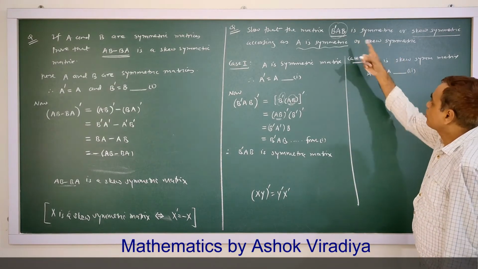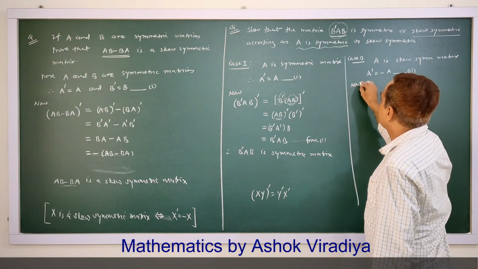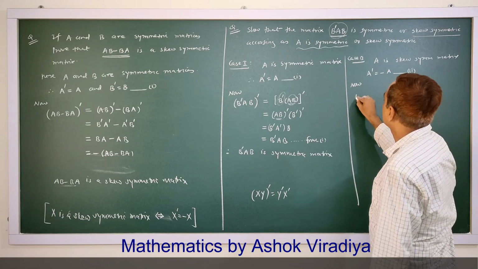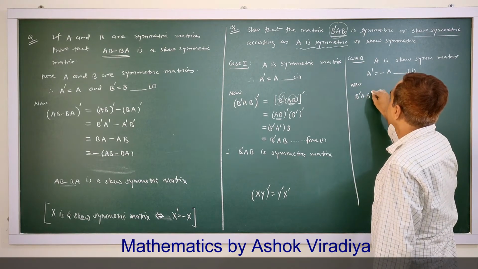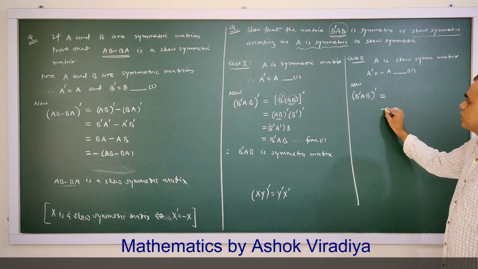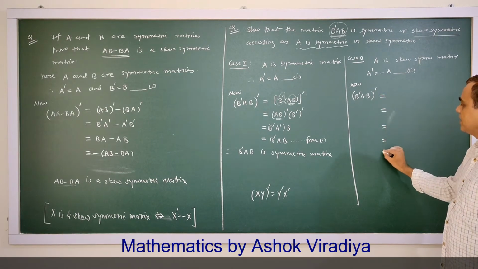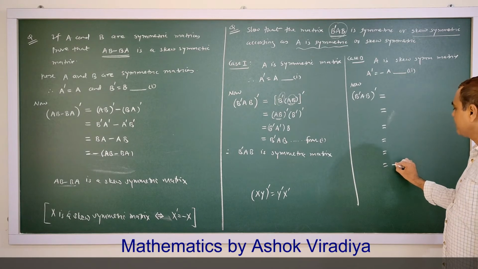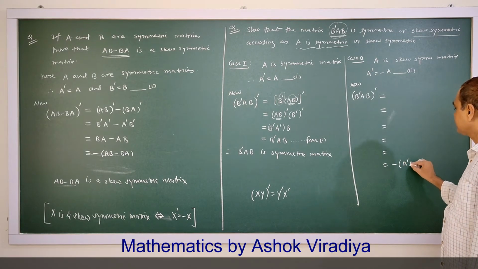To show that it is a skew symmetric matrix, we have to show that its transpose is equal to its additive inverse.